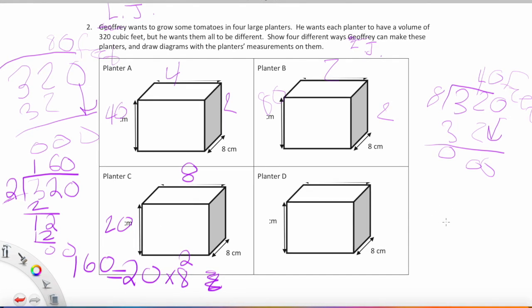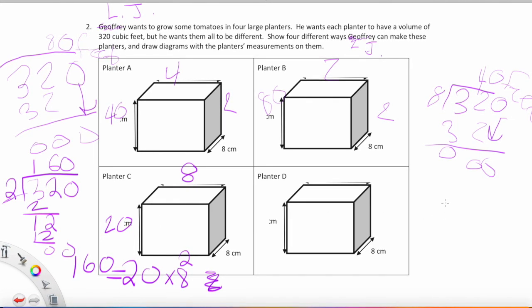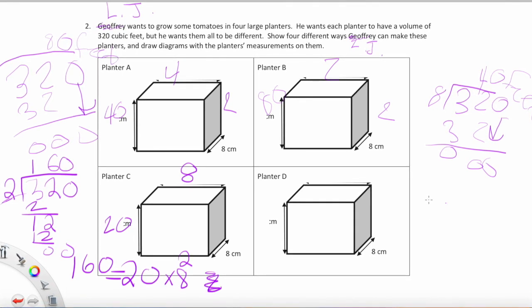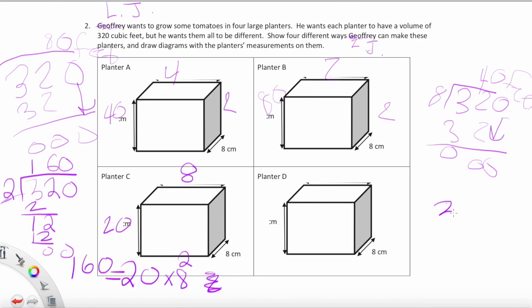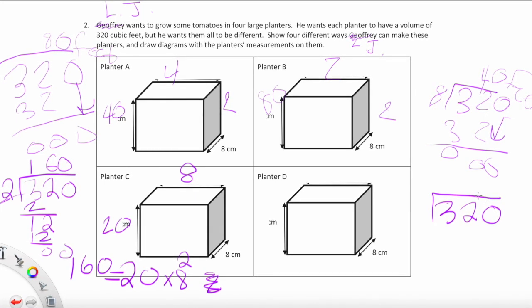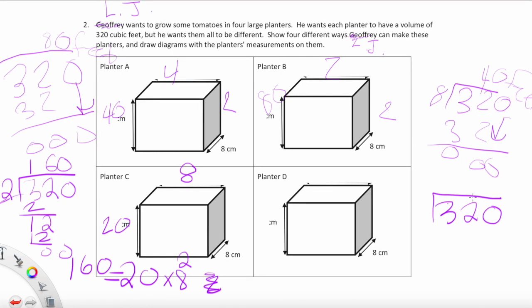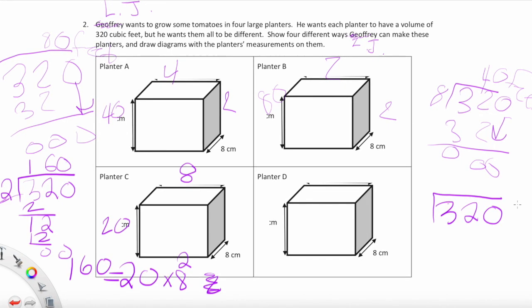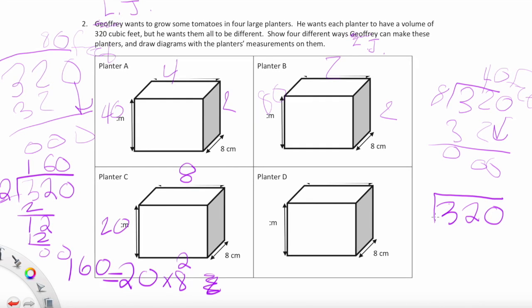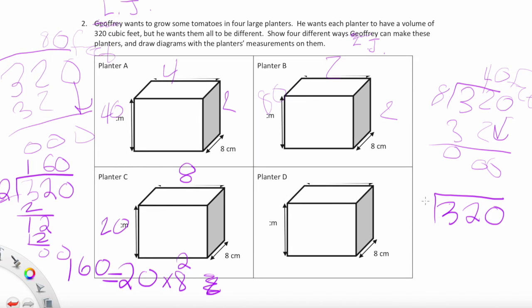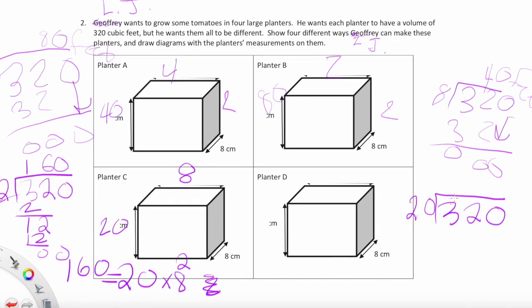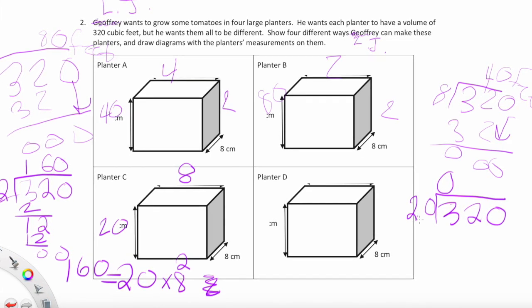So for planter D, we're going to do 320 divided by 20. So you can't put 20 into 3.